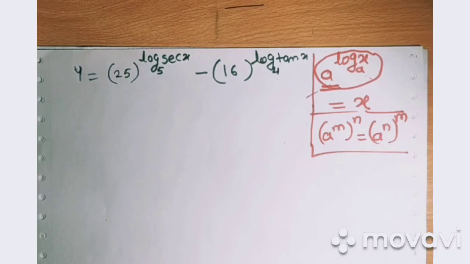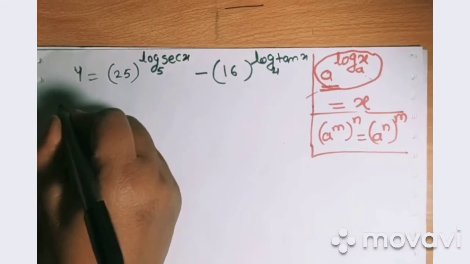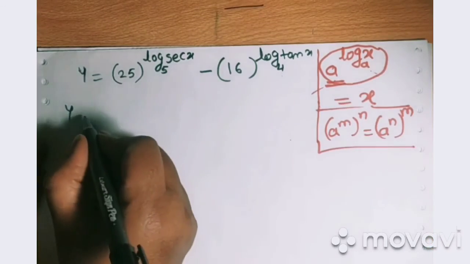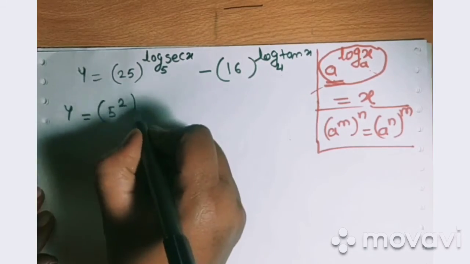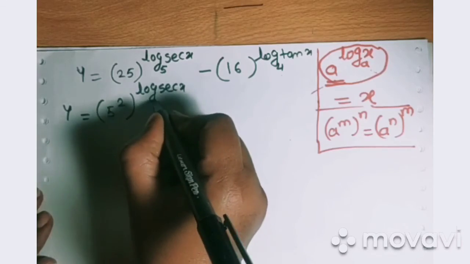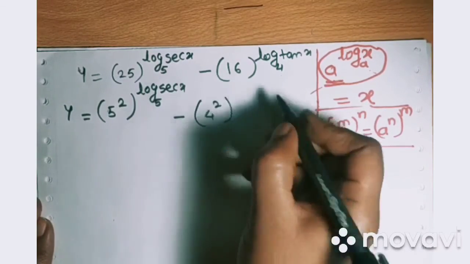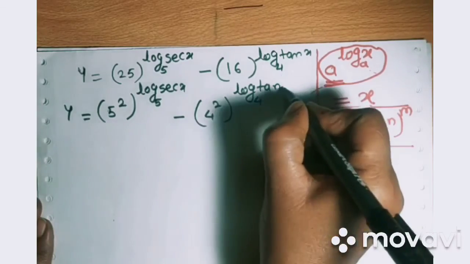Let us see. y is equal to 25 can be written as 5 square raised to log of sec x to the base 5, minus 16, which means 4 square, raised to log of tan x to the base 4.